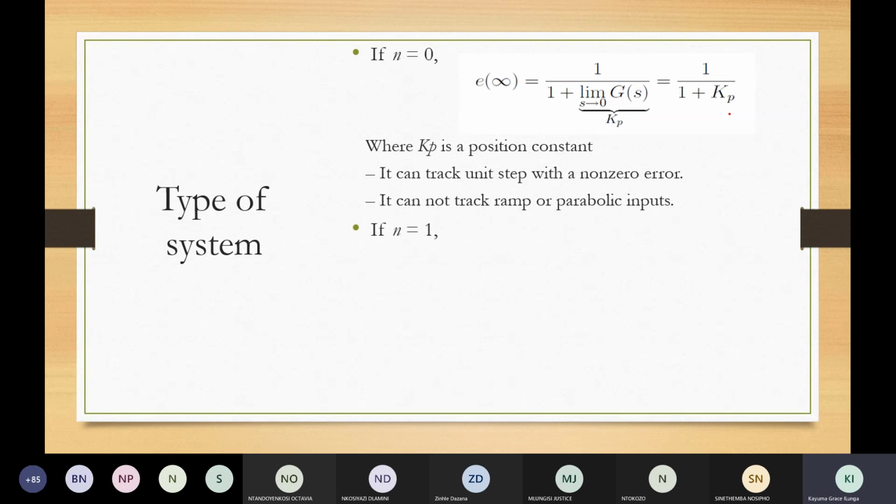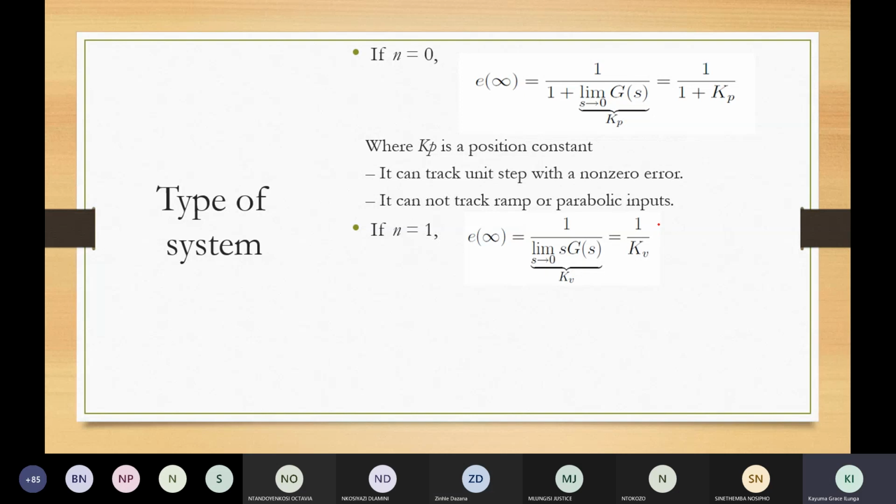Now we say when n is equal to 1, what is going to happen? When n is equal to 1, we call this term here, the static error limit s g of s, Kv. In the case n is equal to 1, this Kv is the velocity constant. Are we together?